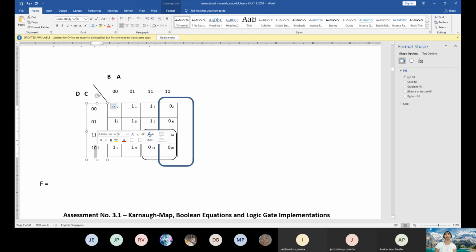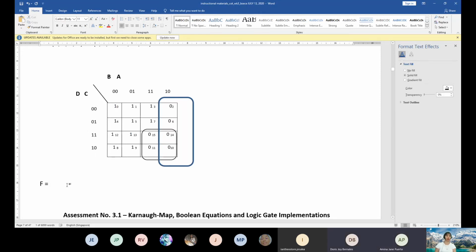What will happen to C? Eliminated. C is eliminated, whereas for D, it is 1, 1. D is equal to 1, therefore we will write D prime. This is max term, class. For max term, 0 is unprimed, whereas 1 is primed.